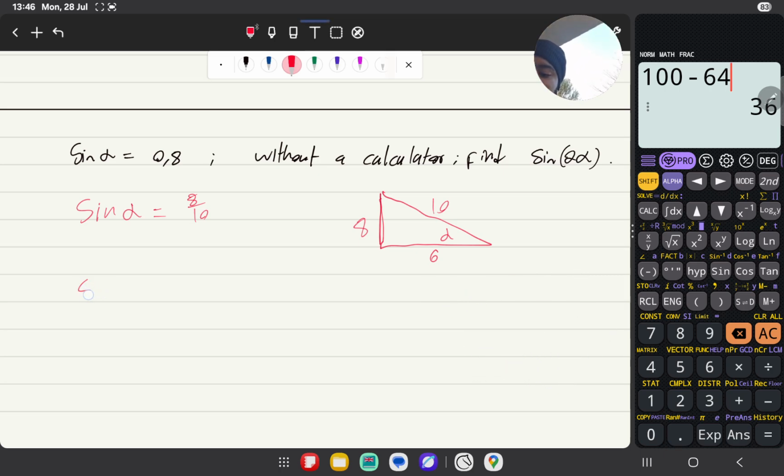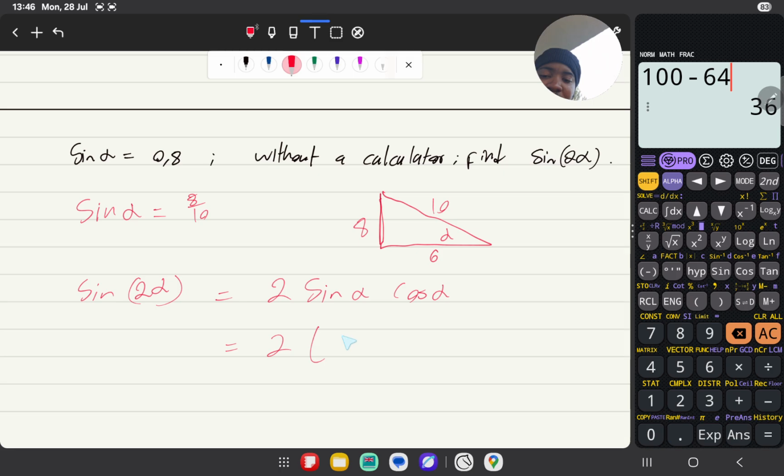I know for sure that sine 2 alpha is equal to 2 sine alpha cos alpha.